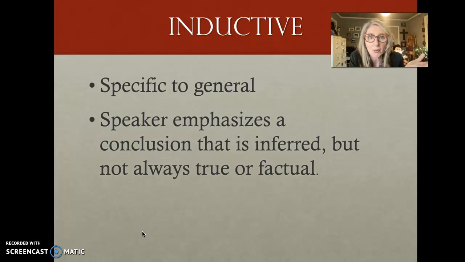Why? Because you know that bears break into cars and steal food. Probably not a human being did that, but a bear probably did it. Now, is it true or factual? Can you prove it? No, but it's actually good inference, right? Because of what you know about bears and what you know about that area. All right, moving on.